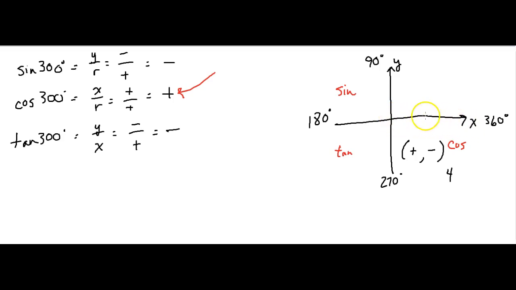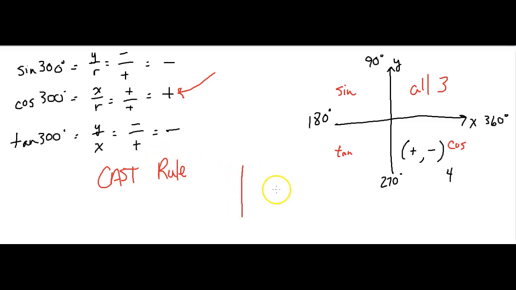Positive x, positive y, r is always positive, everything will turn out positive. All three. Okay? So this leads us to a generalization, something called the CAST rule. Alright, and so basically the CAST rule tells us where a trigonometric function has positive values.